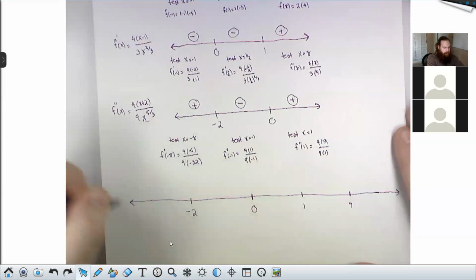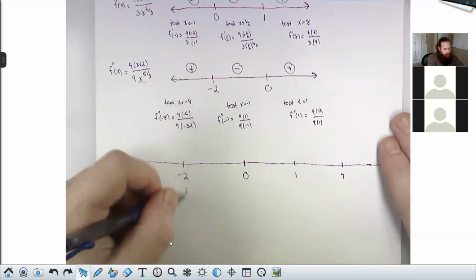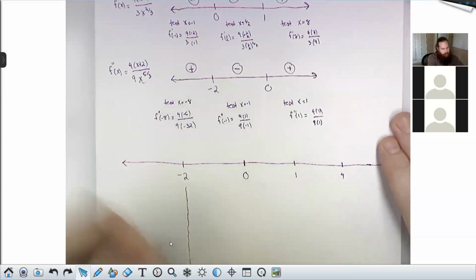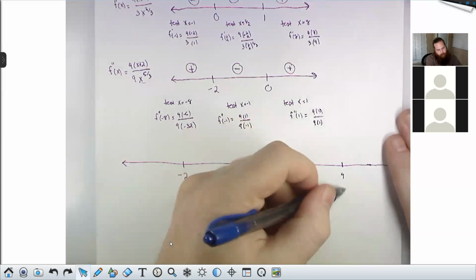And in each of these regions, I want to say whether I'm increasing or decreasing, concave up, concave down, all that stuff. So is f positive or negative?